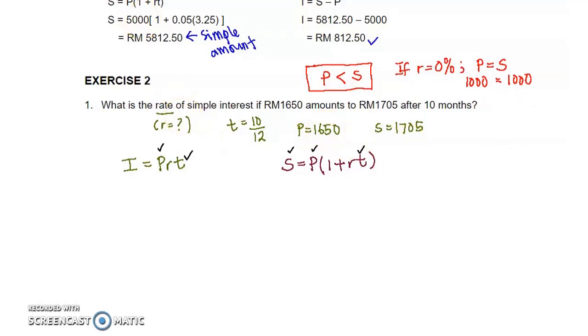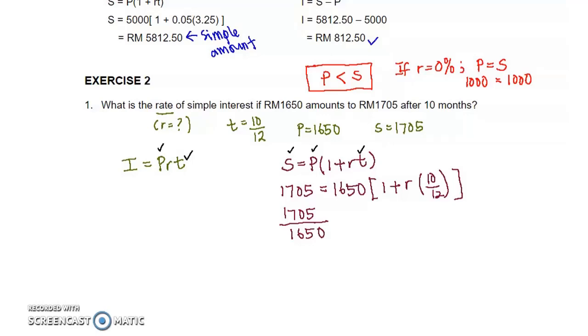Substitute S equals 1705 equals 1650 multiplied by (1 plus RT). T just now is 10 over 12. Now you want to find R, make R the subject. This one you can bring to the left hand side first: 1705 divided by 1650 equals 1 plus R times 10 over 12.